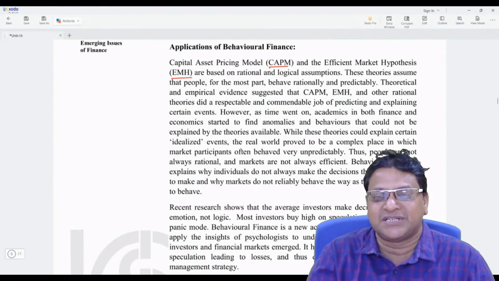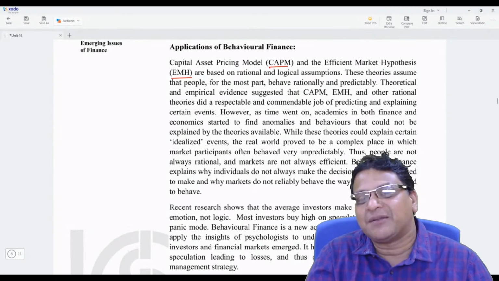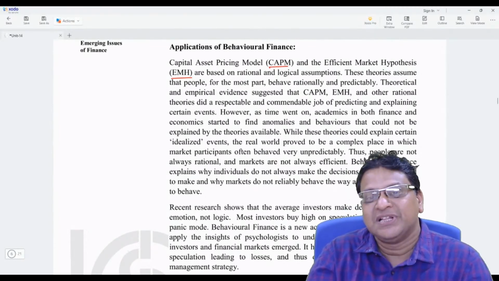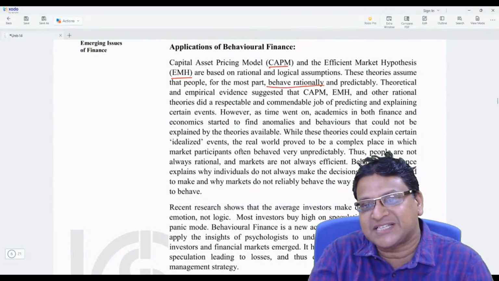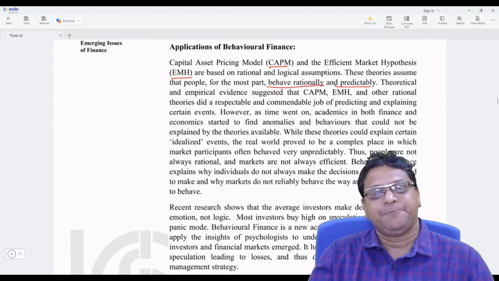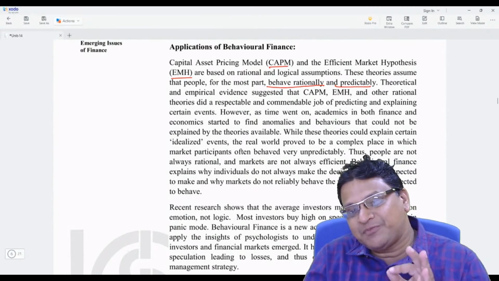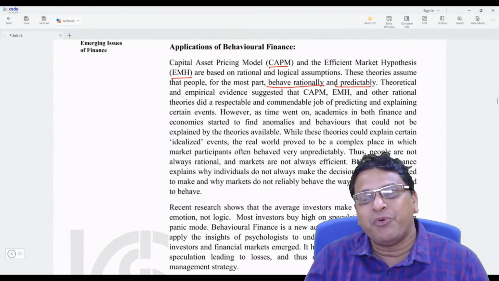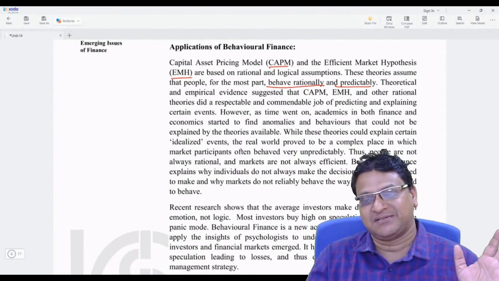All these theories of traditional finance are based on one concept. That one assumption is that investors behave rationally and predictably. Rationality of behavior is the most important assumption of all the traditional theories.